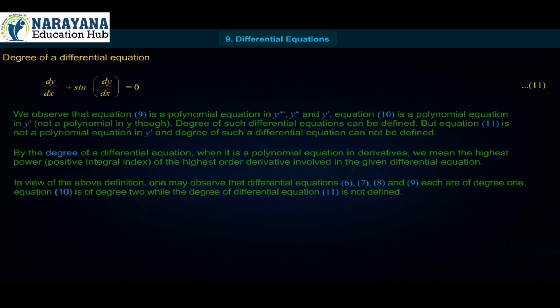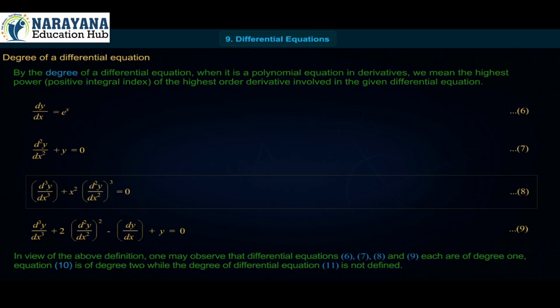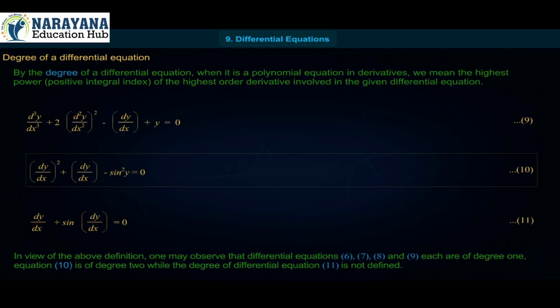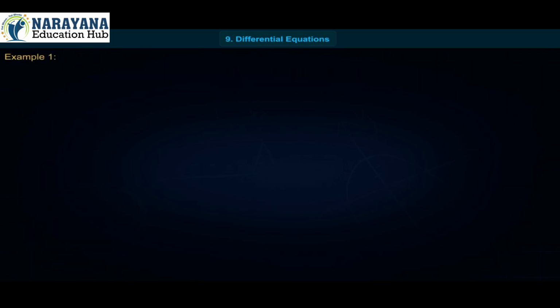In view of the above definition, differential equations 6, 7, 8 and 9 are each of degree 1. Equation 10 is of degree 2, while the degree of differential equation 11 is not defined.